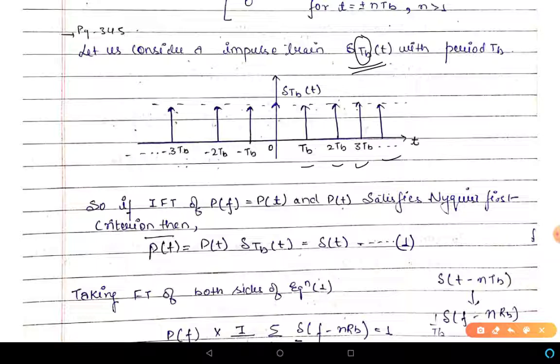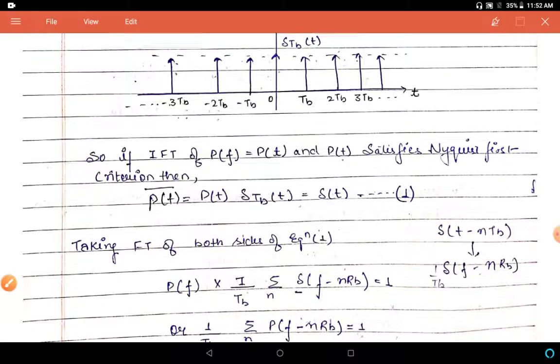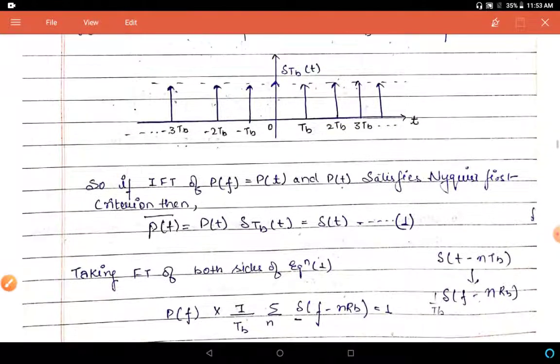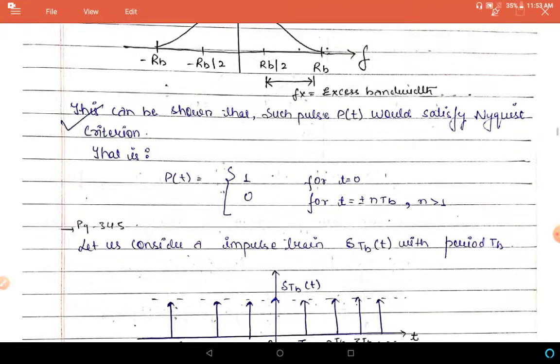Now what if I multiply these pulses, if I multiply delta TB with P(t), then what is going to happen? If I assume P(t) satisfies the Nyquist first criteria for 0 ISI, that is shown here. This is the Nyquist criteria.